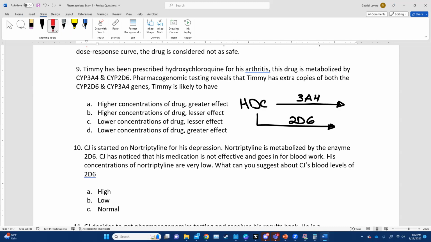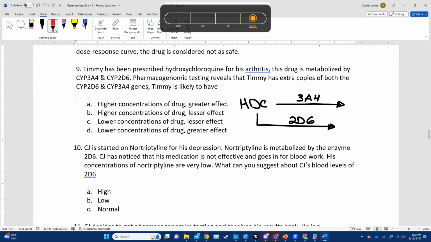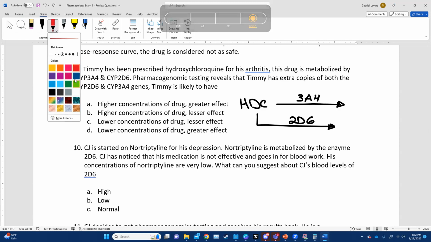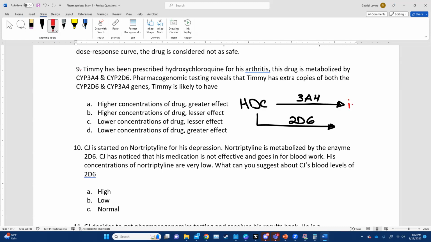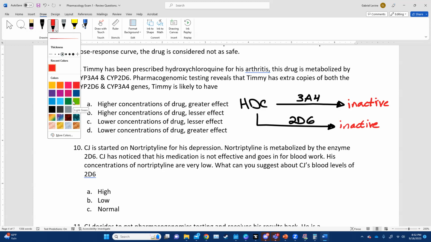Based on the genetic testing, he has extra copies of 3A4. And we should fill in most likely inactive and inactive. The only time you would have an active metabolite is if they tell you specifically in the problem, or it's a specific drug that he has given you to memorize for the exam, like codeine and morphine.